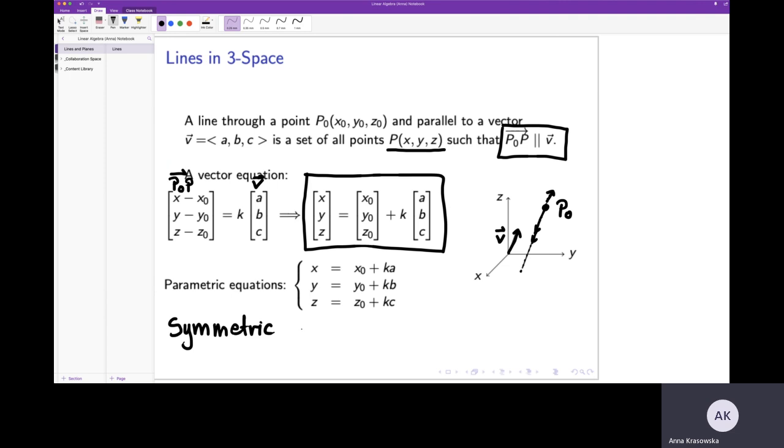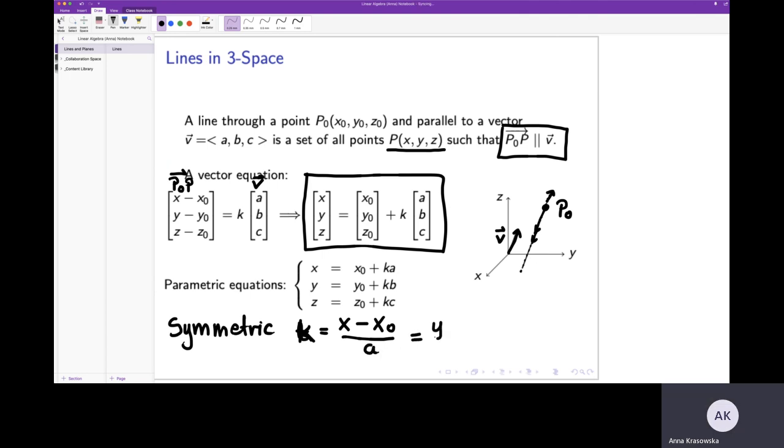There is one more form of the equation of the line, which is called symmetric equation. If in parametric equations we isolate the parameter, we have a parameter k here. We will have x minus x naught divided by a from the first equation.